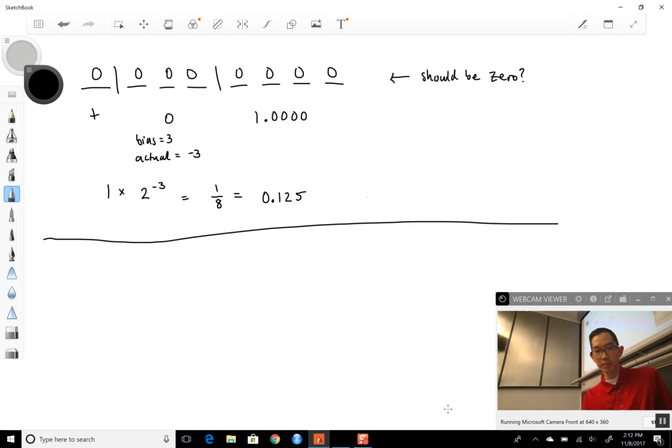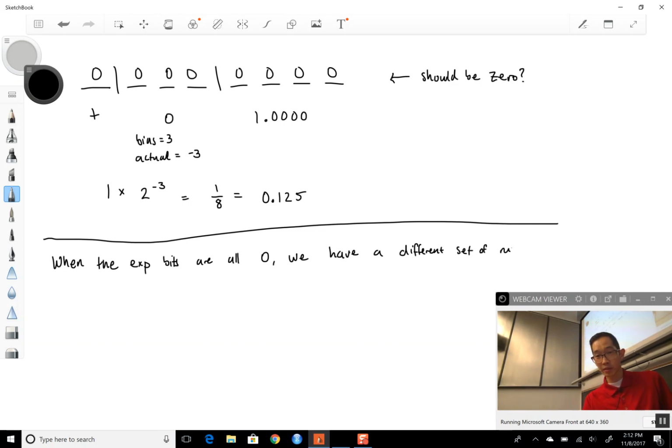So when the exponent bits are all 0, we have a different set of rules, and these are called denormalized numbers.